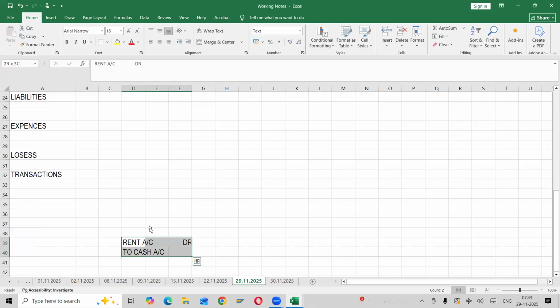What does it mean actually? Rent account debited to cash account. Hope I'm audible to everyone.